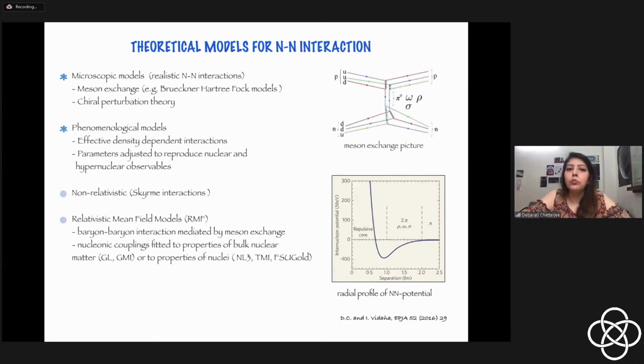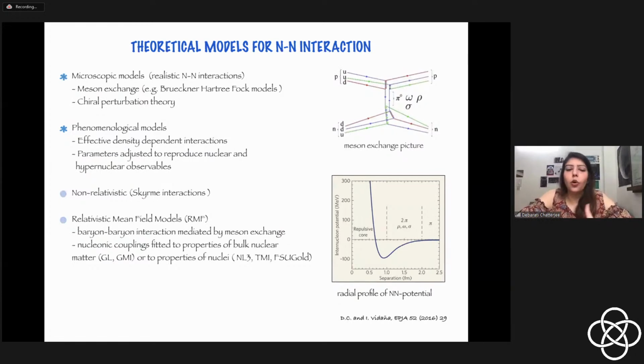This is the most difficult part of the calculation of neutron star interior or structure, or whatever you like to say. There are many different techniques. I will not go into the details because they are really complicated and they are unsolved problems as of now. The nucleon-nucleon interaction is modeled by two main techniques.